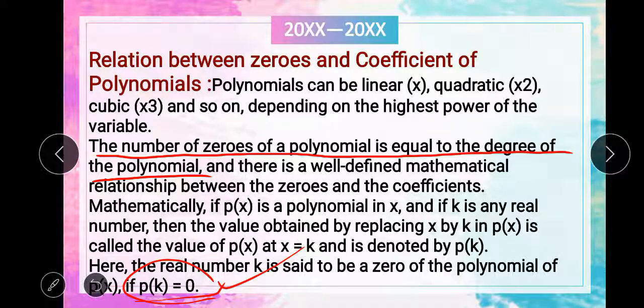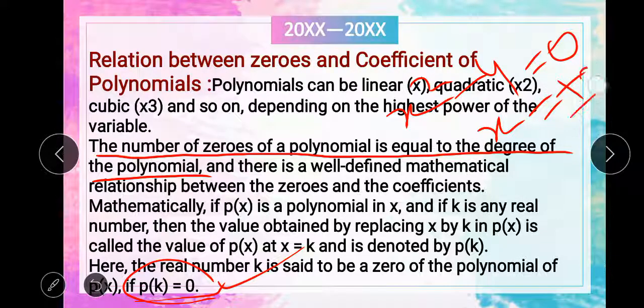Recall that if we have a polynomial like x square minus 4 and equate it with 0, we have x equal to plus minus 2 as the solution. Plus 2 and minus 2 are zeros of the polynomial, the real zeros.